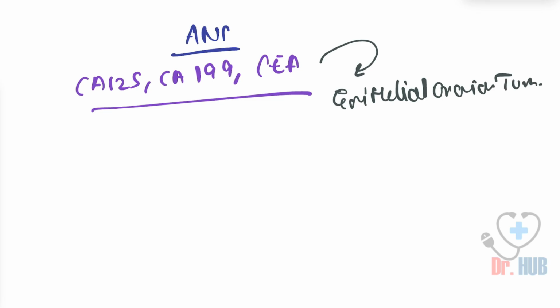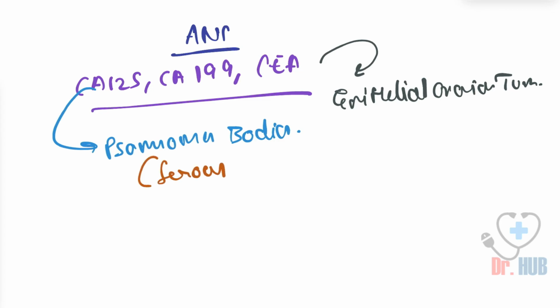Now, what is the pathognomonic finding? The pathognomonic finding is the psammoma bodies. What is this? It is a serous epithelial tumor.